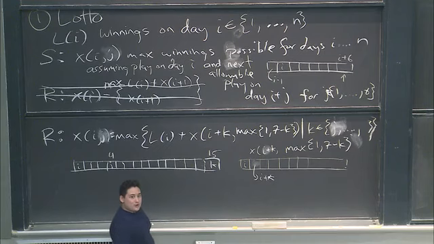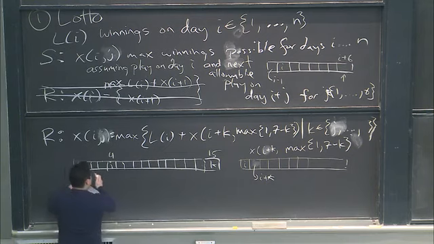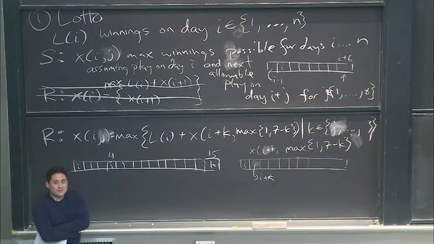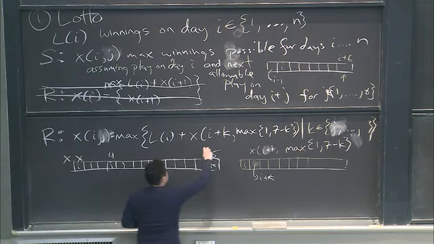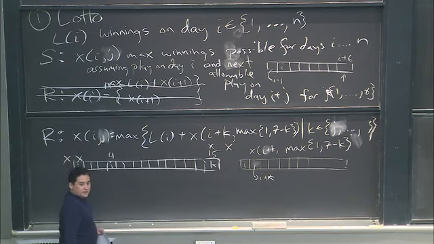But how far do I have to check? Well, maybe I have to check up to 7. Does that work? Not quite. So let's say I played here, and here, and here, and here.